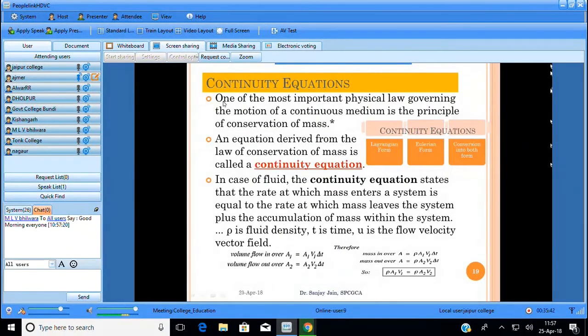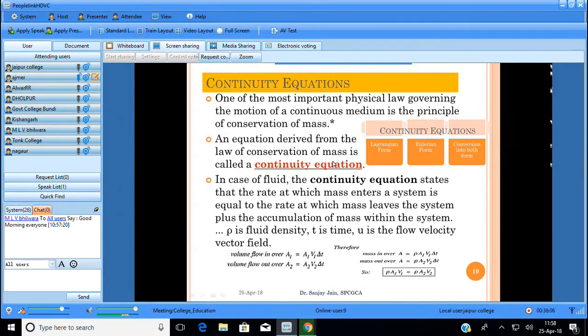Now we come to the continuity equation. One of the most important physical laws governing the motion of a continuum medium is the principle of conservation of mass. Sometimes it is also known as the first fundamental principle. An equation derived from the law of conservation of mass is called the continuity equation.